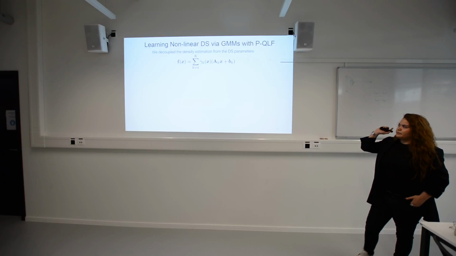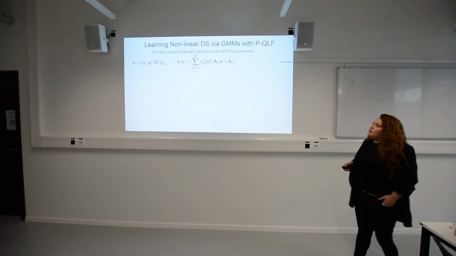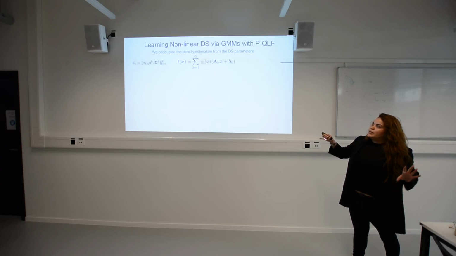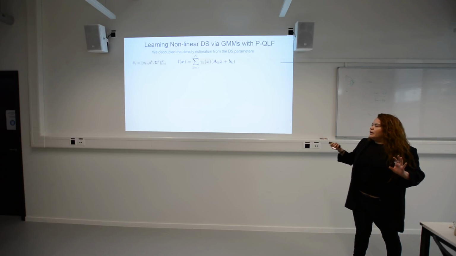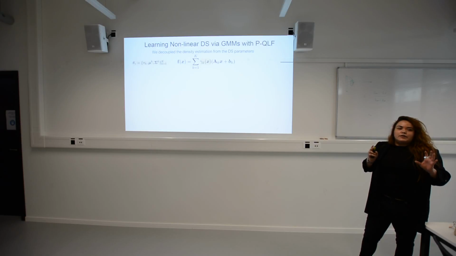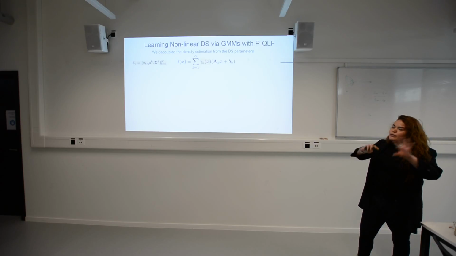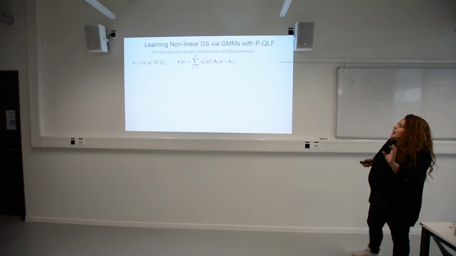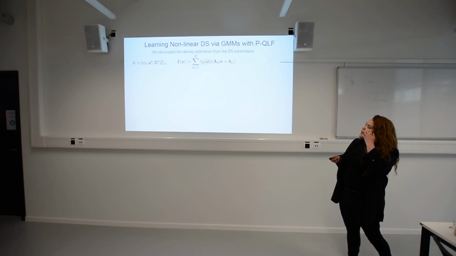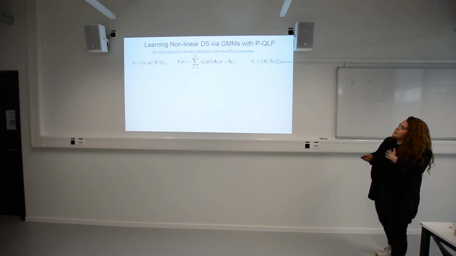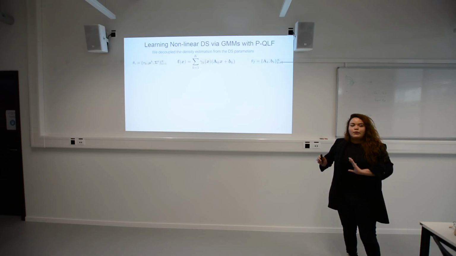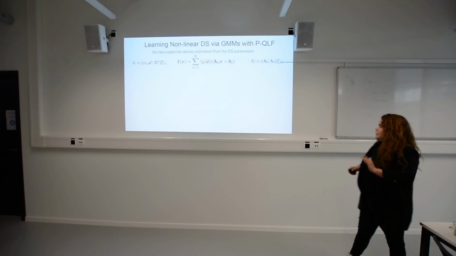So instead of learning all of the parameters, so basically the mixing function, which I call gamma, and the parameters of our linear dynamical system, just with the GMM parameters, what we do is we decouple this estimation, and we still estimate the mixing function with our GMM, but now we estimate the parameters of the dynamical system separately in a separate optimization problem.